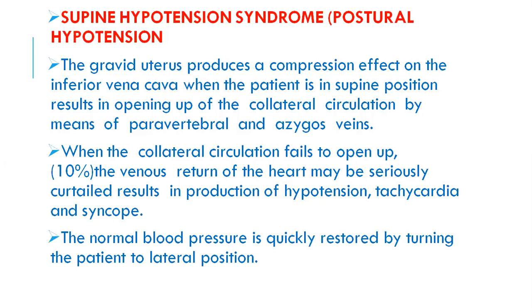When the collateral circulation fails to open up, which occurs in 10% of the cases, the venous return to the heart may be seriously curtailed, which results in production of hypotension, tachycardia, and syncope. The normal pressure is quickly restored by turning the patient to the lateral position.